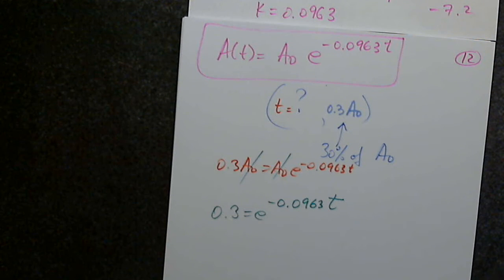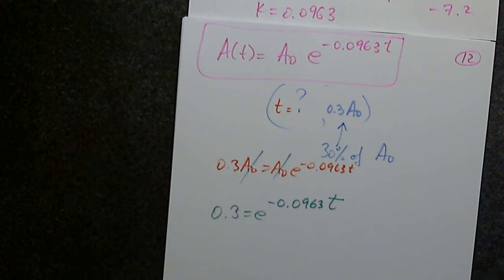Before we continue, let's think for a moment. From 100% A0 to 50% A0, how long did it take? 7 point something. But from 100% to 30%, do you expect less than 7 days or more than 7 days? Of course more.